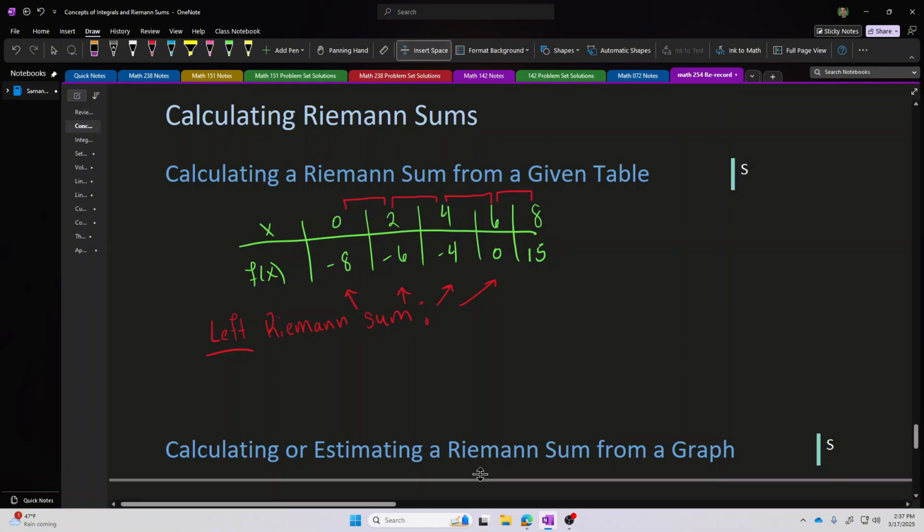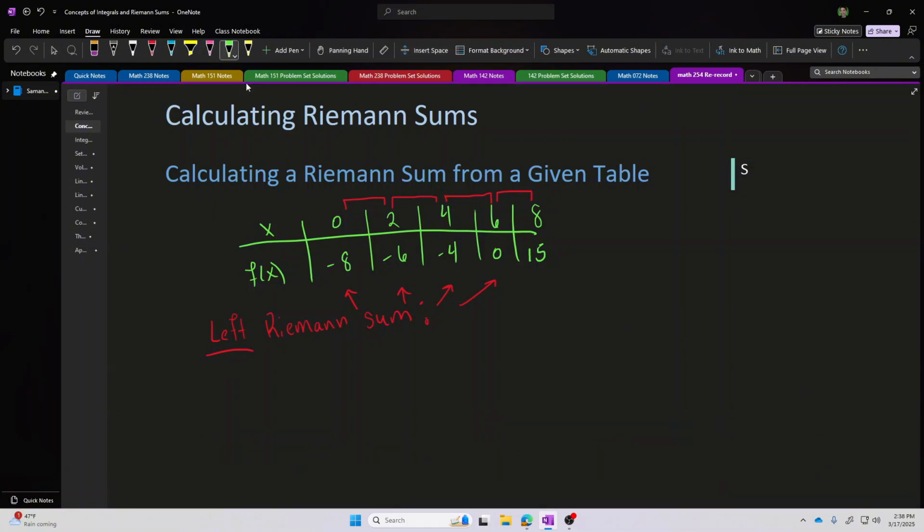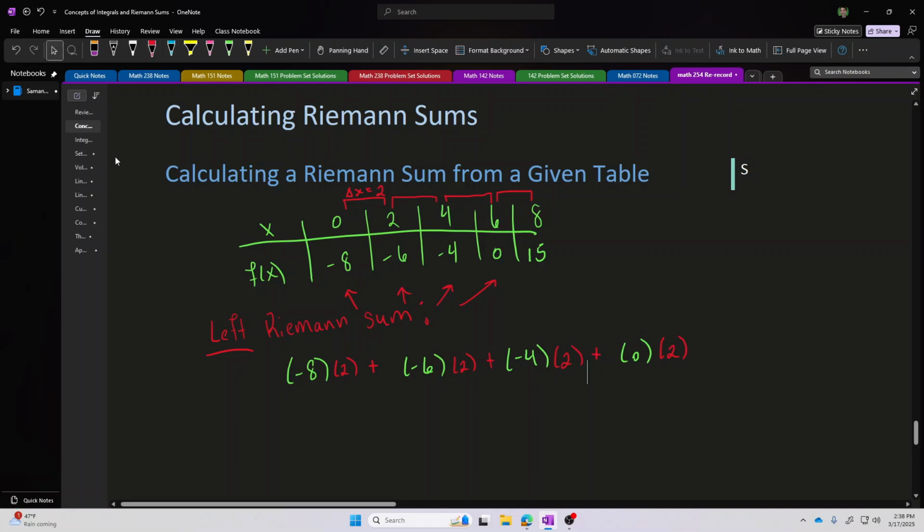So the left Riemann sum would be the sum of those four outputs times the value of delta x, which in this case would be 2 throughout. Calculate those products, add the results together, and this would be the left Riemann sum for this function based on this table.